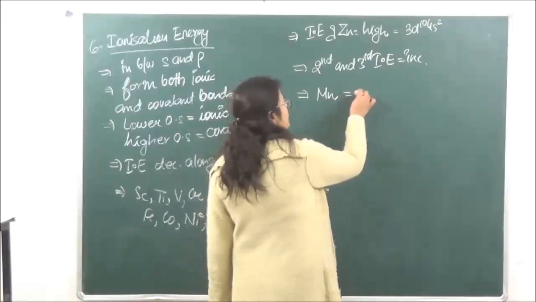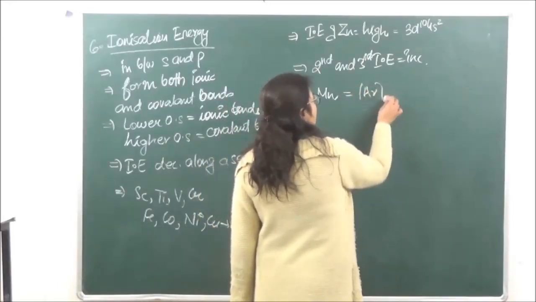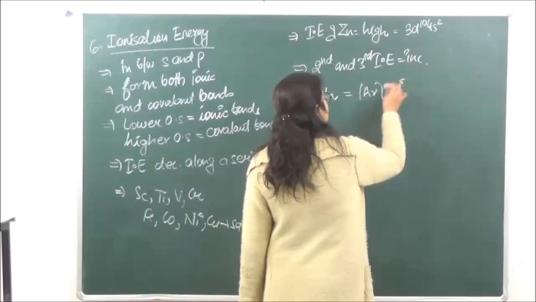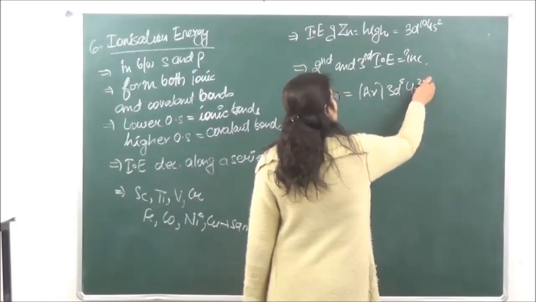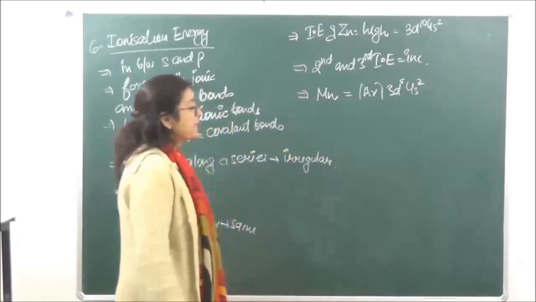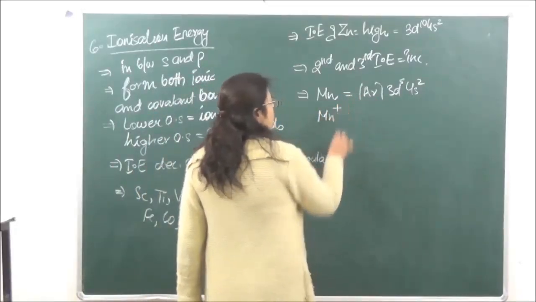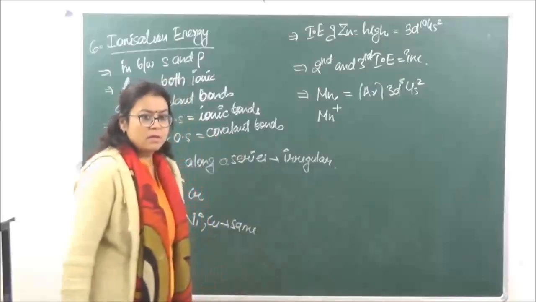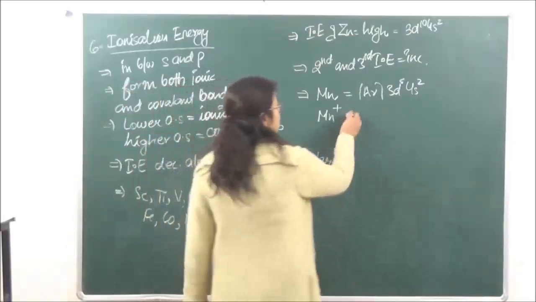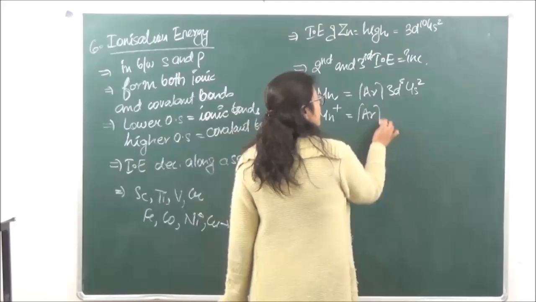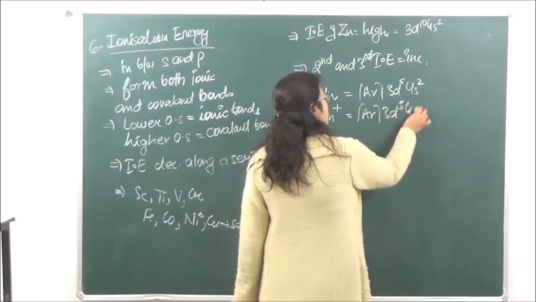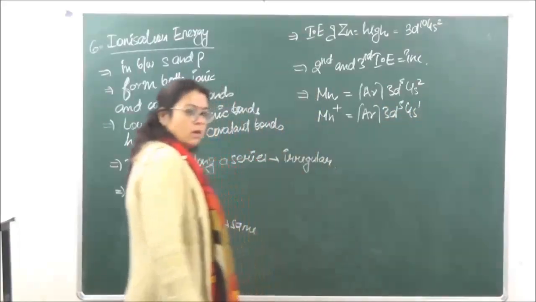The reason behind this is, when we're looking at the electronic configuration, it is 3d5 4s2. Okay, so first ionization energy means we are going to form Mn positive. So the electronic configuration of Mn positive will be argon 3d5 4s1. Right?